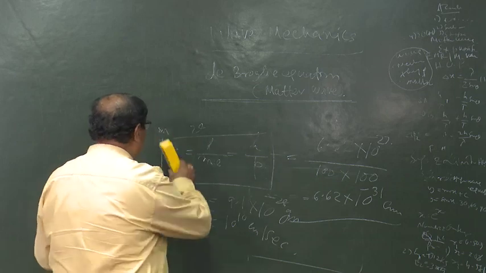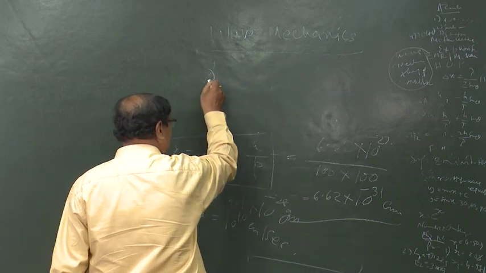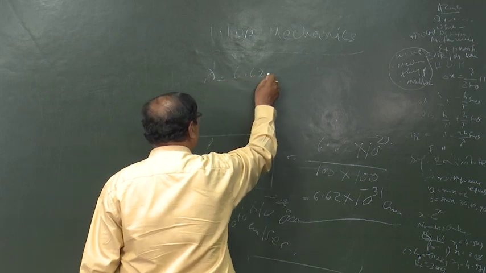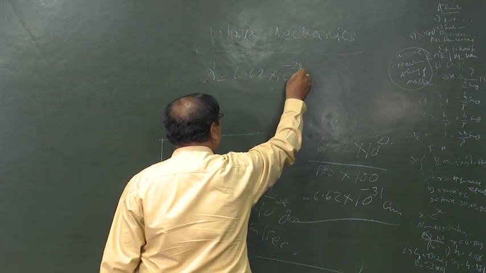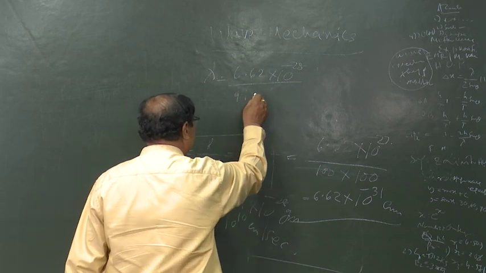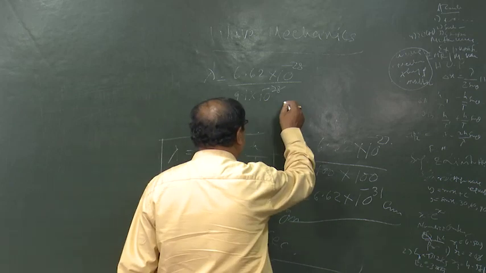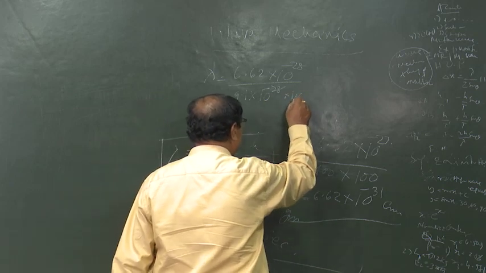Then, using the de Broglie equation, we can calculate the wavelength associated with the electron, that is 6.62 into 10 to the minus 27 by 9.1 into 10 to the power minus 28 gram into 10 to the power 10 in the CGS system.